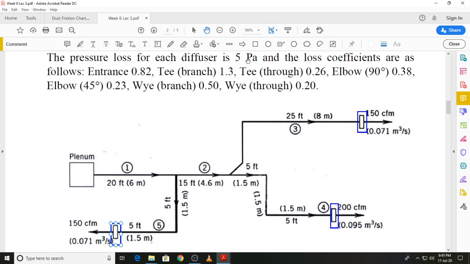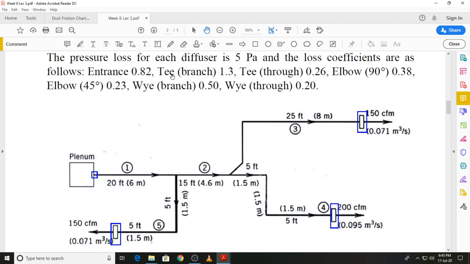Then we have the loss coefficients for various fittings in the layout, and at the entrance it is 0.82. So this plenum is just a part of the fan assembly, and that is where the air will enter the duct, and again that is where we have a source of minor loss or a dynamic loss.